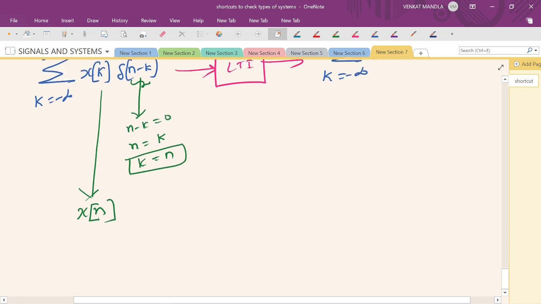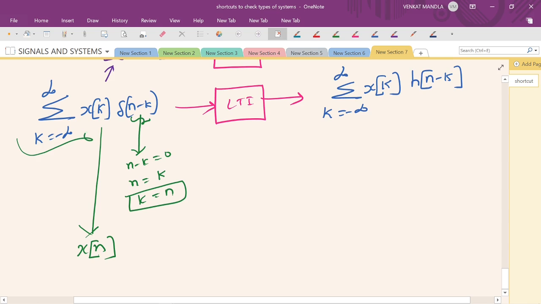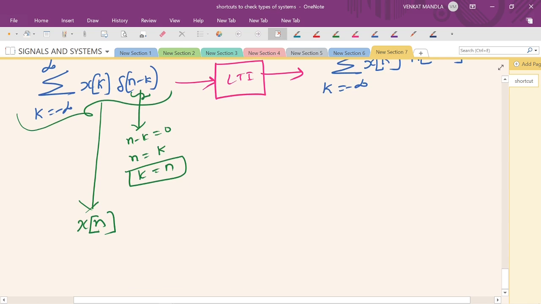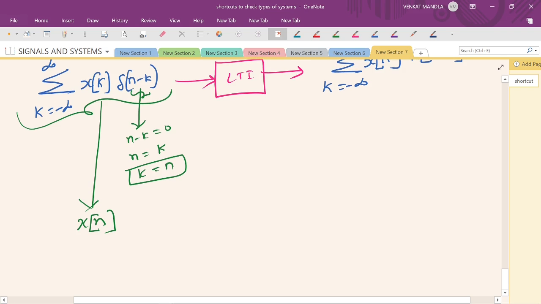This total value is x of n. Only at k equal to n does the signal exist. Substitute k equal to n here, x of n. For all remaining values of k you get 0, because delta of n minus k exists only at n minus k equal to 0, that is n equal to k.